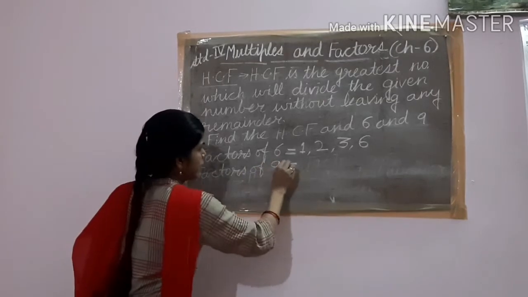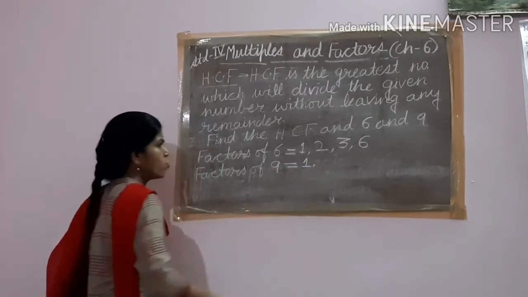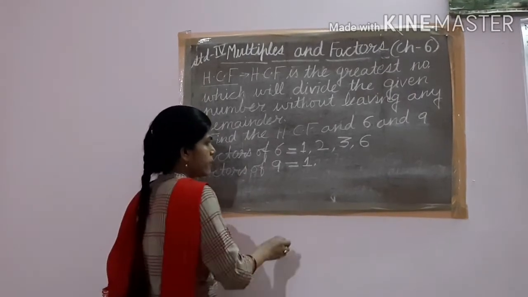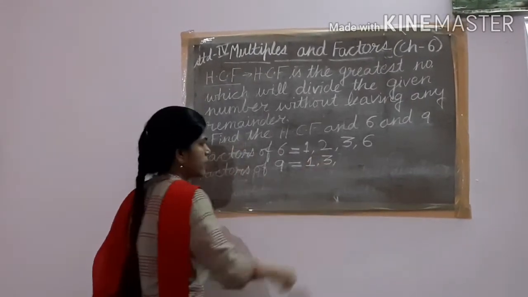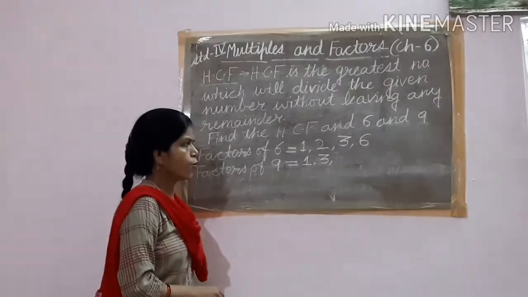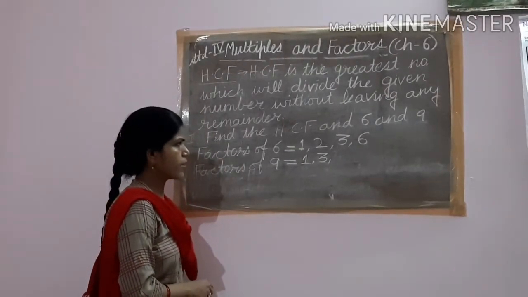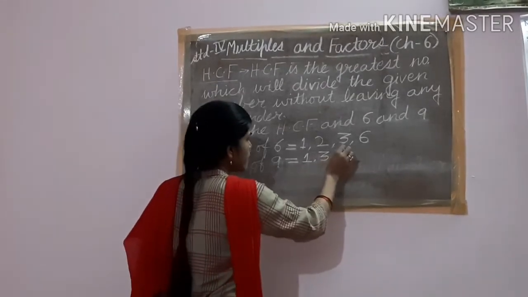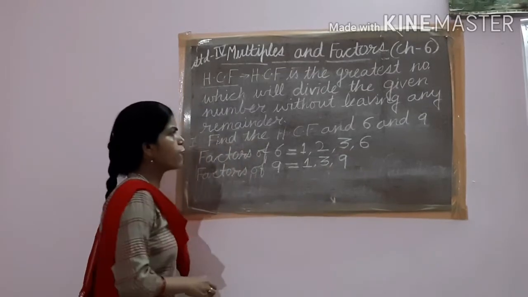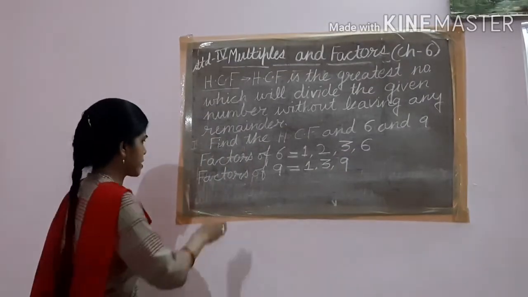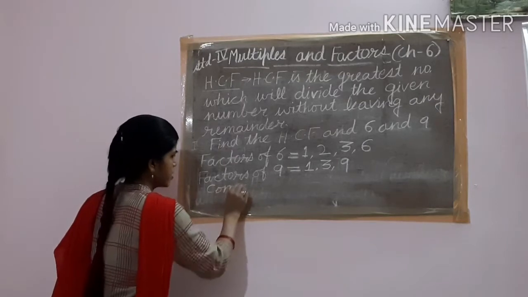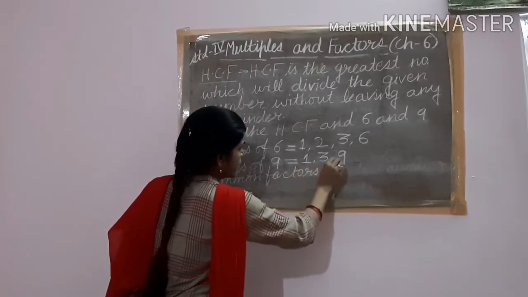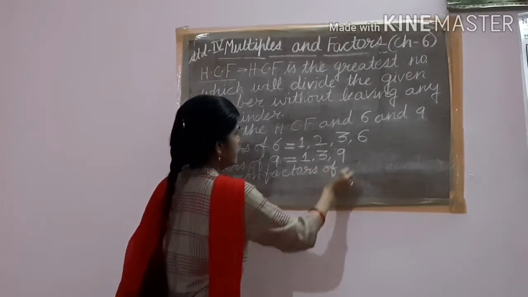Next, the factors of 9. 1, then 2: 9 is not coming in the 2 table. Then 3, yes, 3 threes are 9. Then 4, 5, 6, 7, 8: in all these tables, 9 is not coming. Then the number 9. Now find the common factors of 6 and 9.